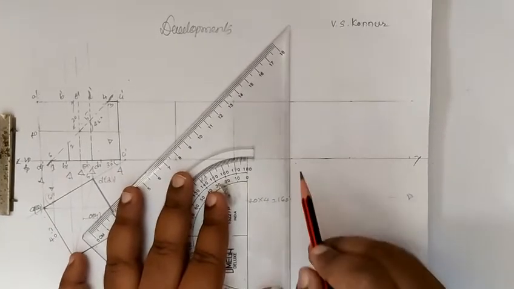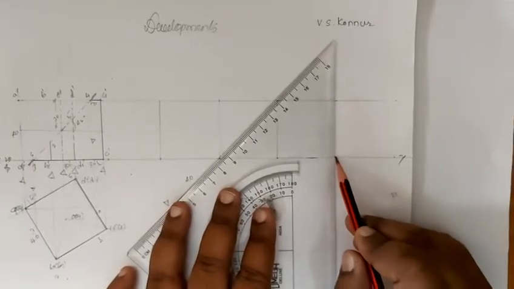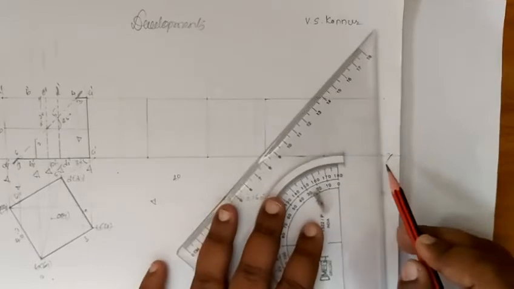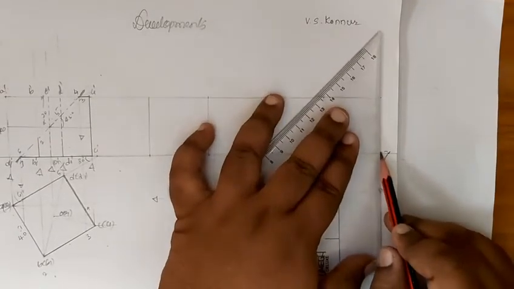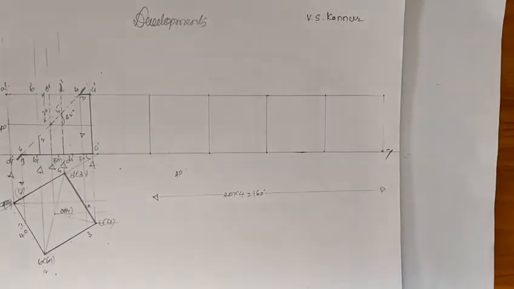I already marked 40 mm, so I am drawing a line. So mark the 40 blocks and then mark. Right, each block is 40 millimeter.